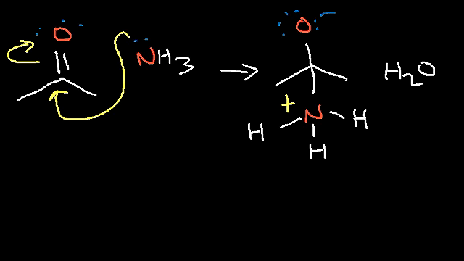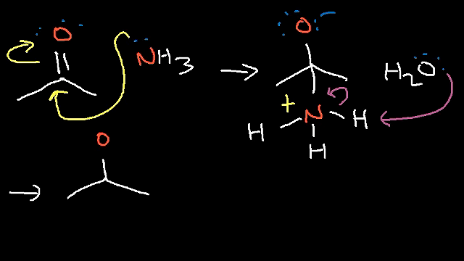So we can use water, which can act as a weak base and take away a hydrogen from nitrogen. When that happens, water is going to turn into H3O+. So now the solution is slightly more acidic than what it was before.